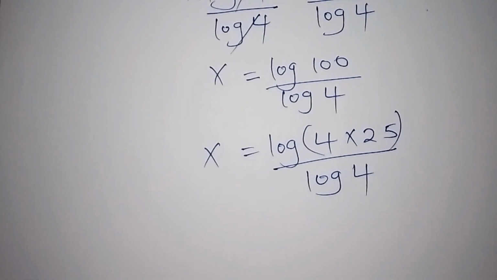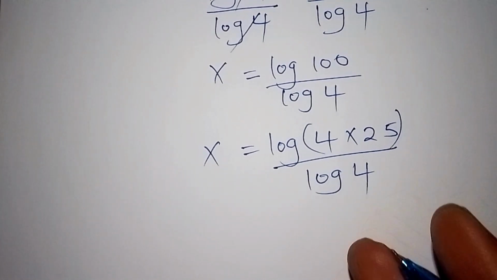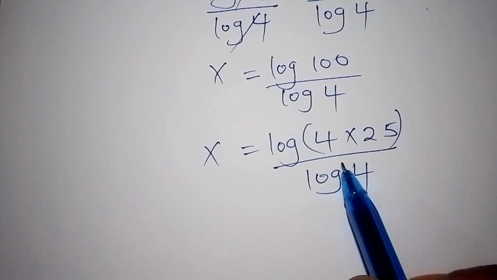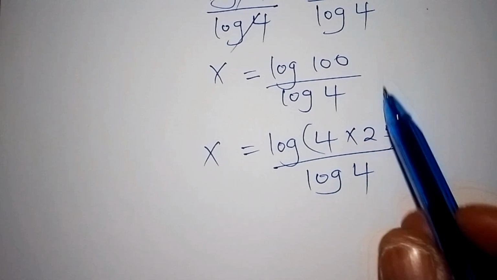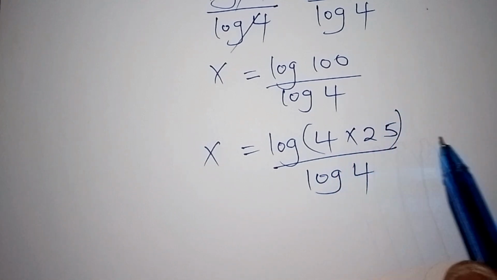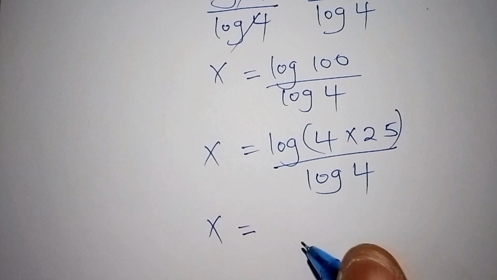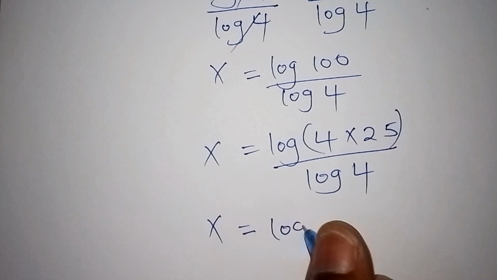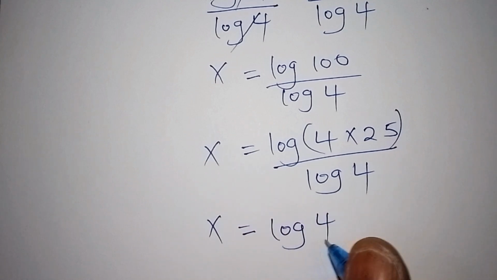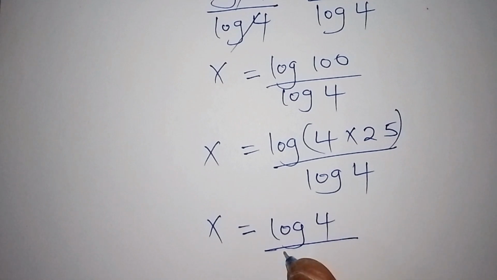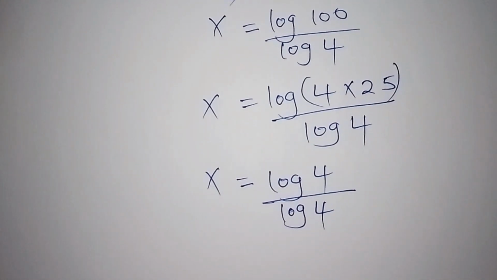From here we proceed by splitting this side. 4 multiplied by 25 is 100, so we write it this way. Now x will be equal to the log of 4 all over the log of 4, because we are dividing each side by the log of 4.